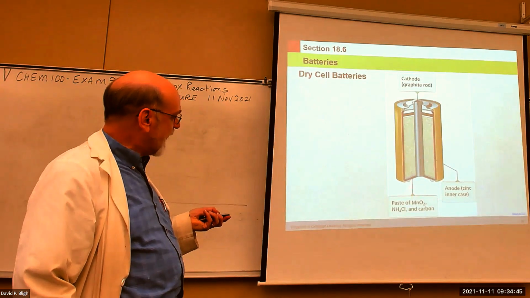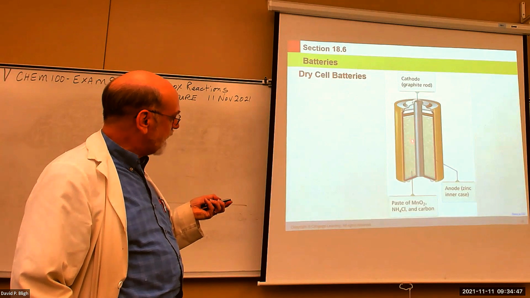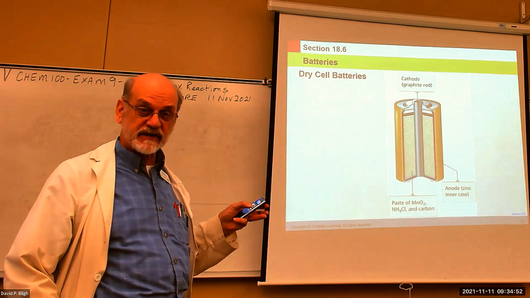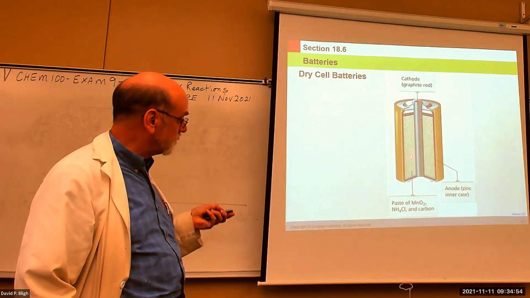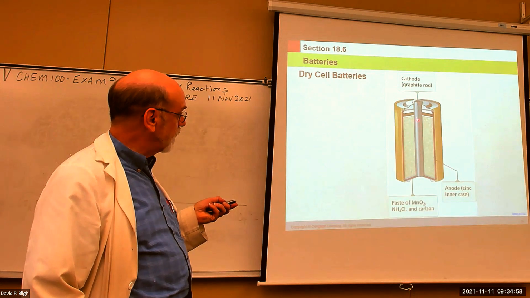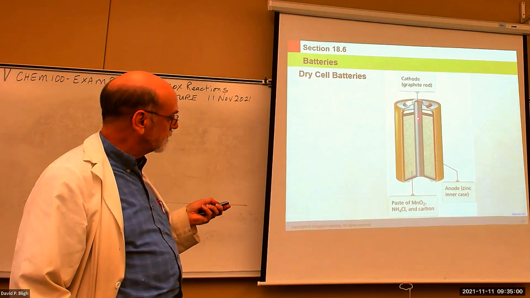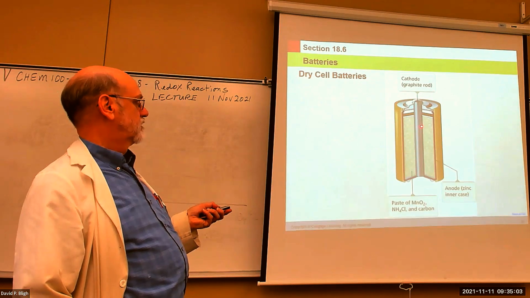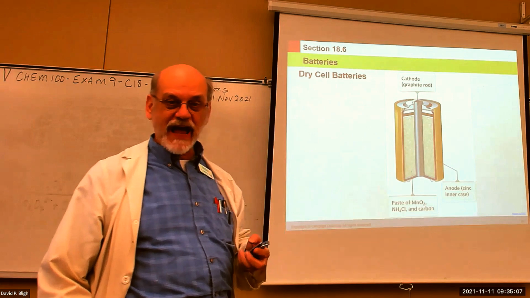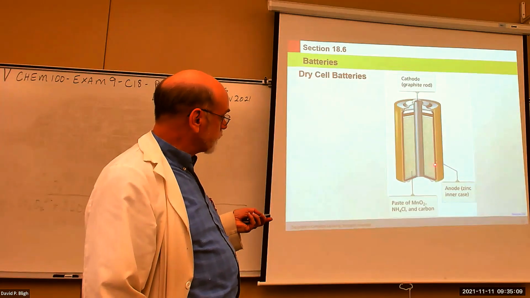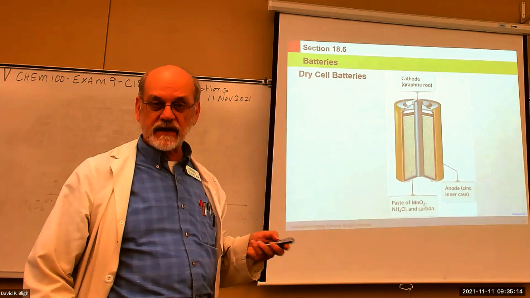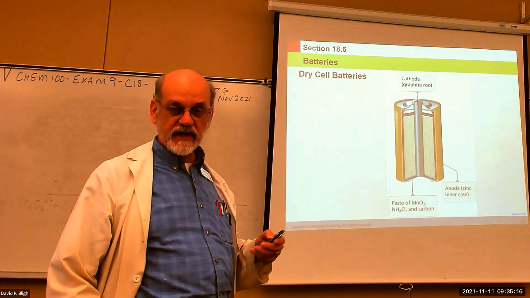The reduction takes place at the carbon electrode, but the electrode is not a participant. The reaction takes place here, right? That's the cathode, and that's where electrons go in. The electrons go in order to complete that cathodic reaction. And the source here is the zinc being oxidized. So that's the anode.